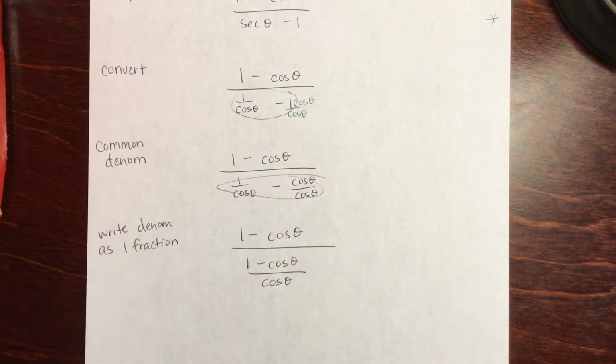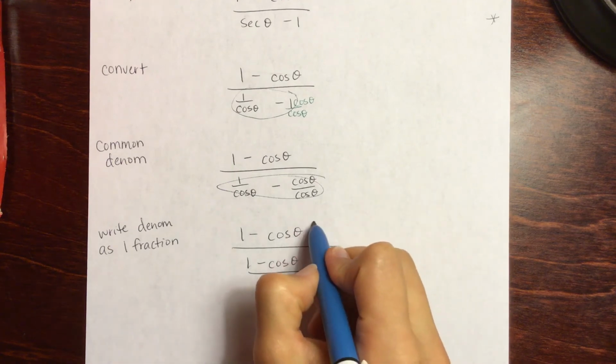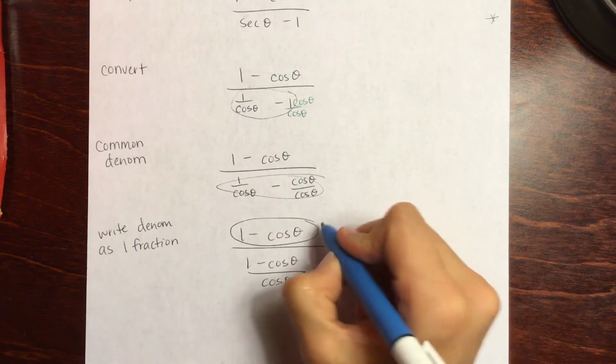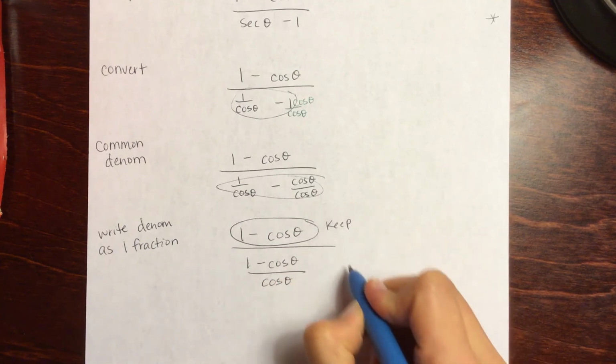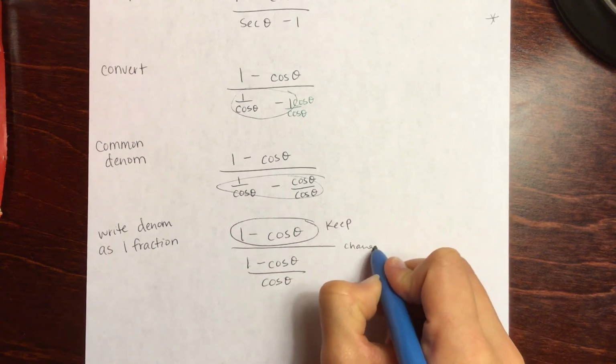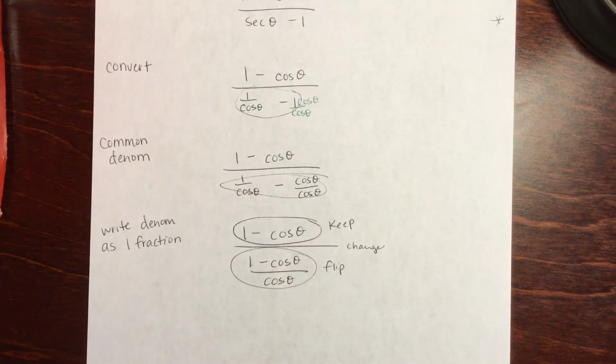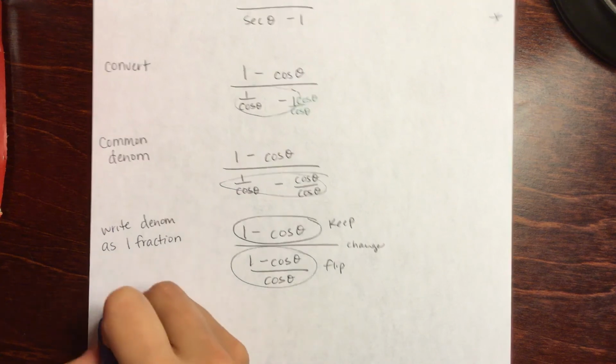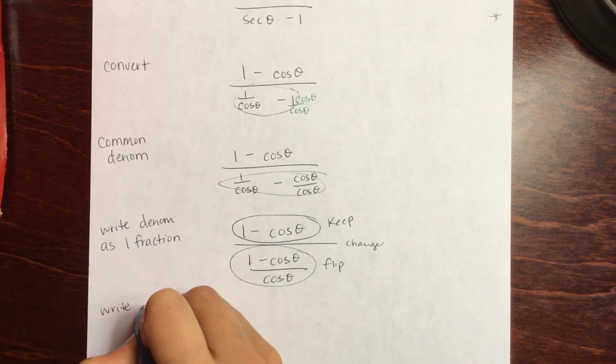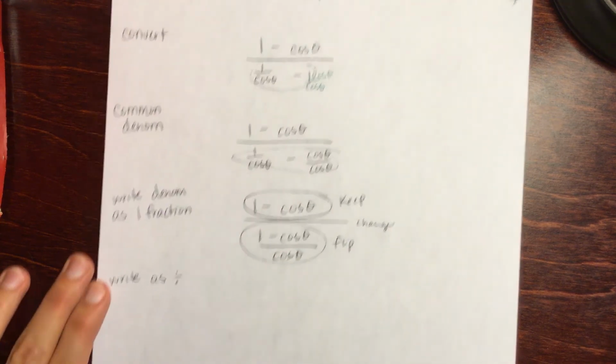And you may already see what's going to happen here. I personally have to keep change flip every single time because I cancel things out when it's not supposed to cancel. Like, I just make bad mistakes. So I am going to personally write the top, keep the top, change your division fraction bar to multiplying, and flip. So you can write it as division and then keep change flip, which I guess is probably what I should do if we want to be super clear with our proof.